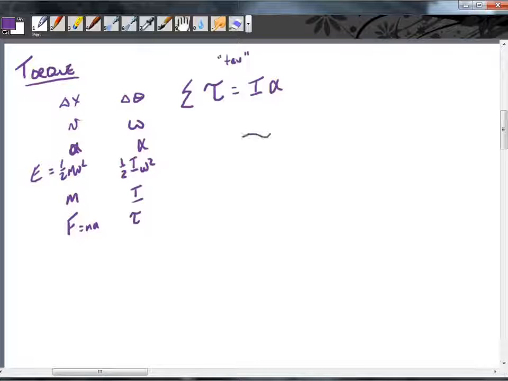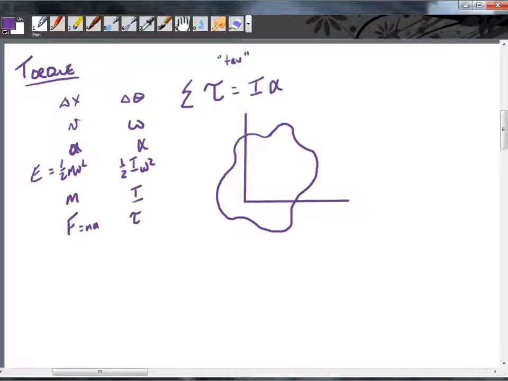So let's have a rotating body here that has an axis there. This body has two pegs on it, coming out of the page. We've got a peg stuck in this hole right here, and another peg stuck right here.